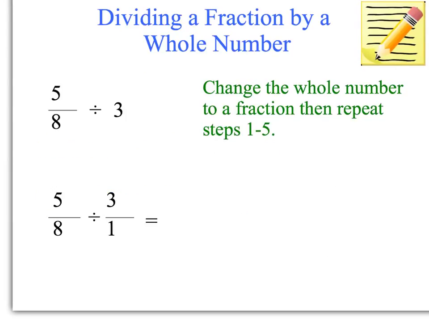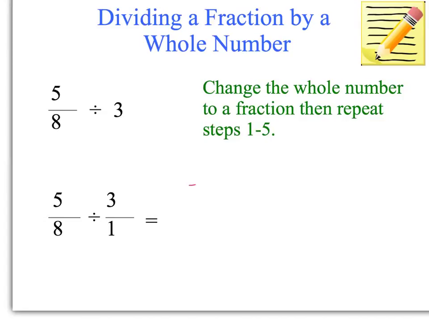When we're dividing a fraction by a whole number, the only thing you need to remember, like with multiplication, is to change the whole number to a fraction. Then we repeat the steps 1 to 5. For example, you can see here that I've already changed the whole number to a fraction, and we all know that 3/1 is the whole number as a fraction. Then we follow the steps that I talked about previously.